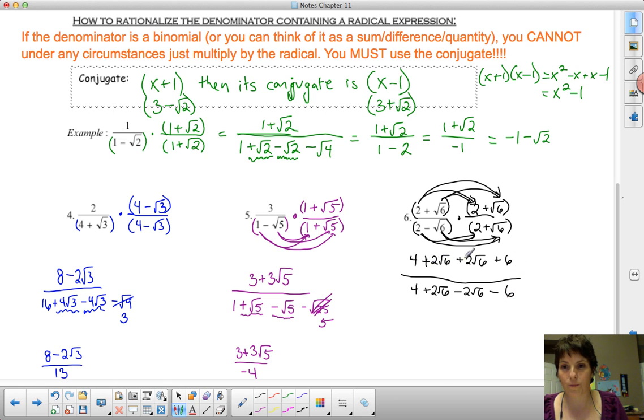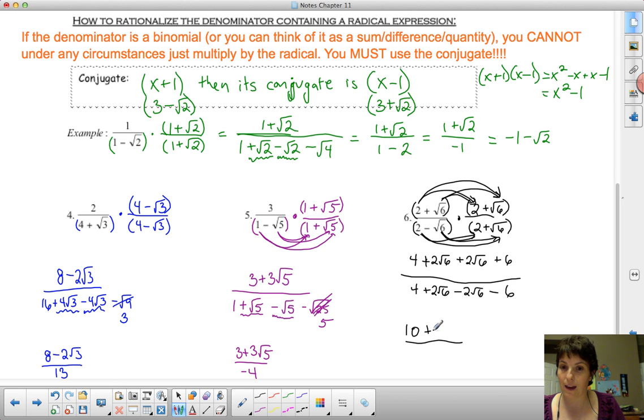Notice in the numerator, those are both positives. So when I combine them, they're not going to cause a 0. I'm still going to have a radical in the numerator, and that's okay. So up top, I have 4 plus 6, which is a 10. And when I add those, 2 root 6 plus 2 root 6, we would treat it like 2x plus 2x.